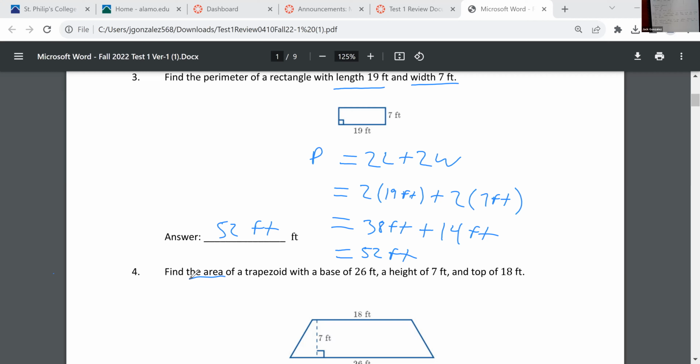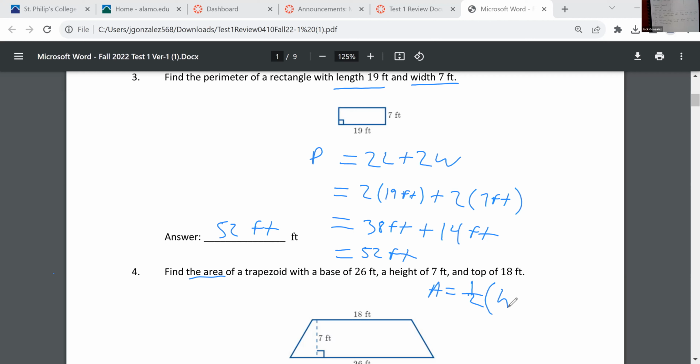Find the area of a trapezoid with base 26, height 7, top 18. What is the area of a trapezoid? Oh, I don't remember.